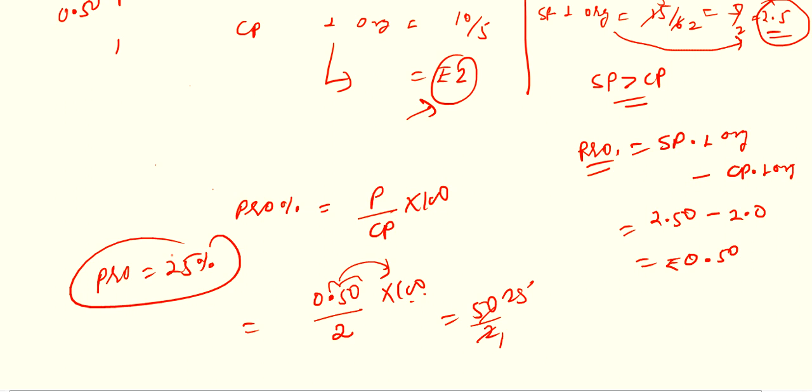Then question number 8. A vendor bought 120 sweets at 20 paise each.